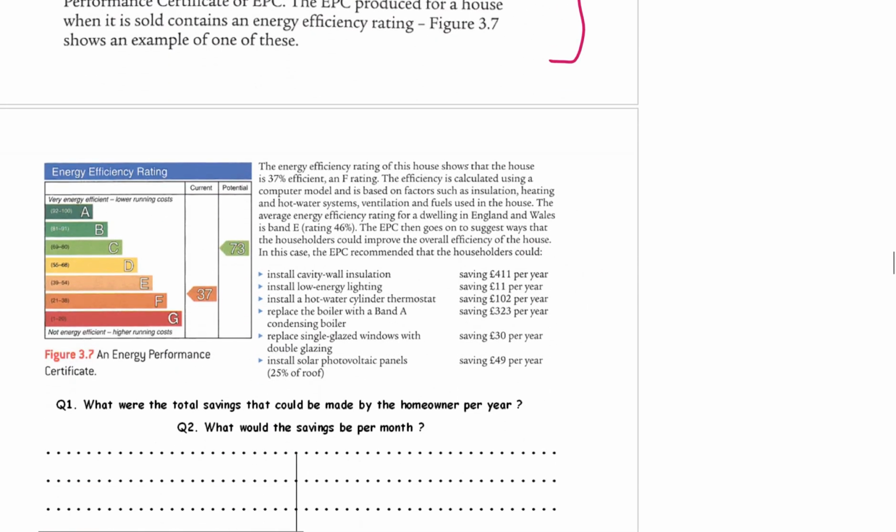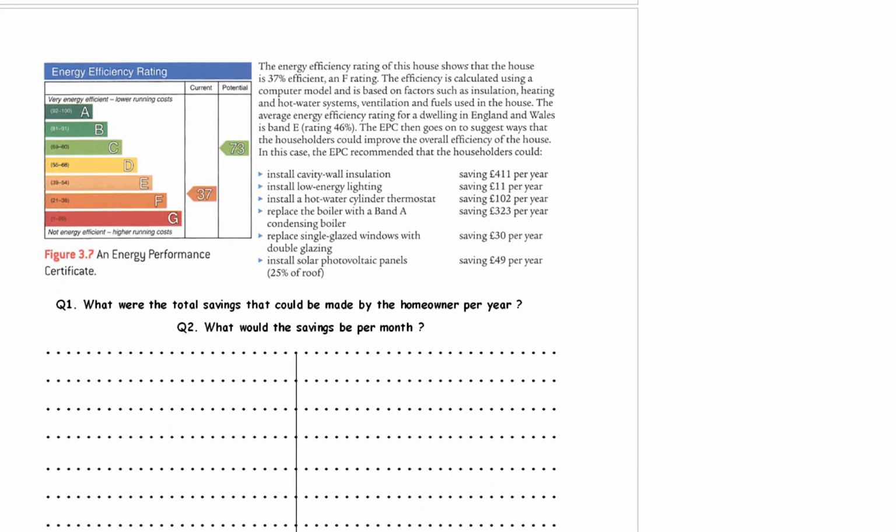Let us move on. We have here an energy efficiency rating for a house. When you buy a house, new or old, you will get an energy efficiency rating. Okay, A being the best, G being not very good. Now, at the moment, it would appear that the current rating for this house is low, is 37.